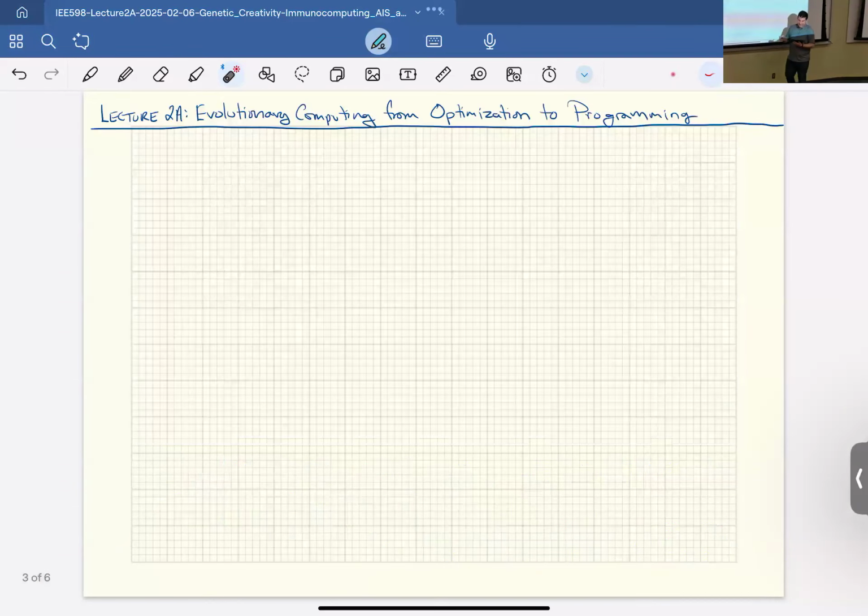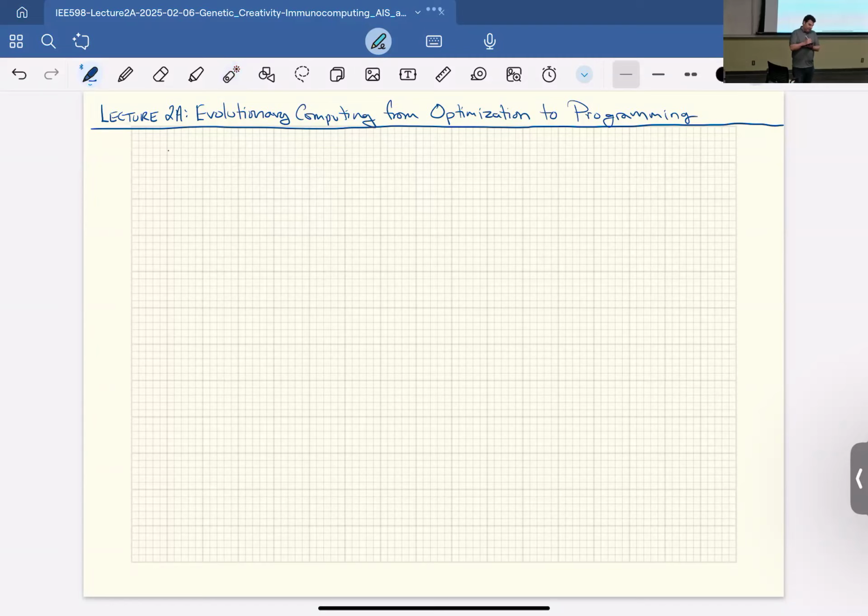All right. Well, the GA was kind of our first introduction to evolutionary computing. And evolutionary computing really goes back as far as Alan Turing in the 50s. The general idea that people were motivated by is that you look out at nature, and nature seems to be doing something computation-like.